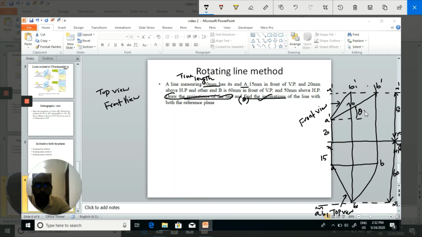We will get the angle of inclination theta with the vertical plane. Now to get the angle of inclination with the horizontal plane, we have to draw an arc. Taking A dash as the center and B1 dash as the radius, we draw an arc.